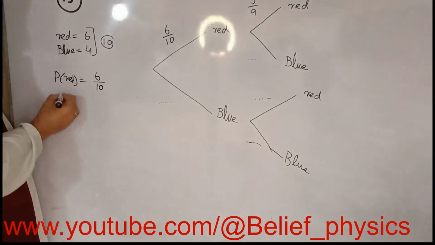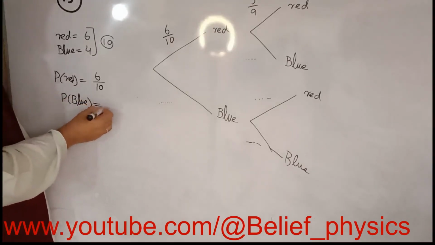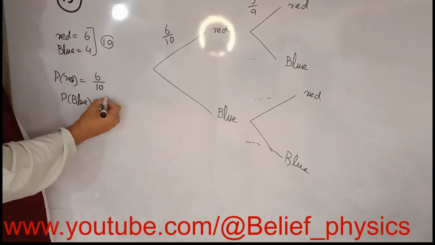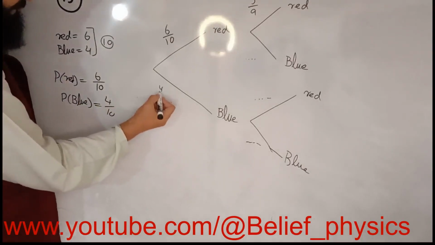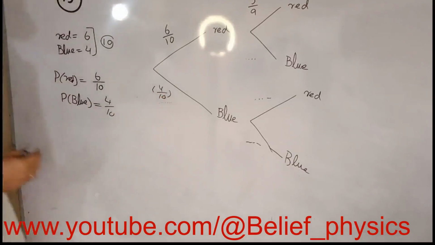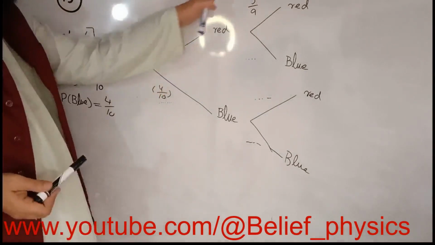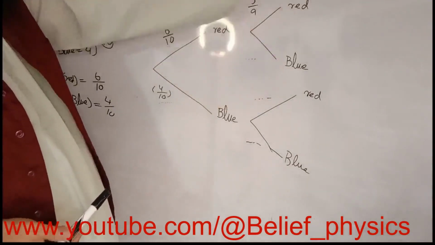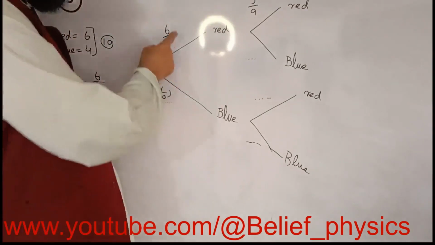Similarly, the probability of blue will be equal to the number of blue over total. The number of blue is 4 over 10. So here it will be 4 over 10 because the probability of blue in drawing the first time is 4 over 10. Now when we draw the second counter, the number of counters will become 9, because 1 has been drawn out.